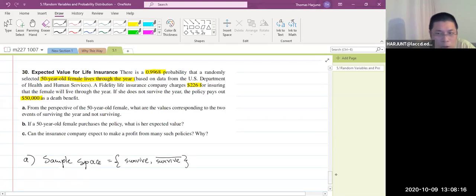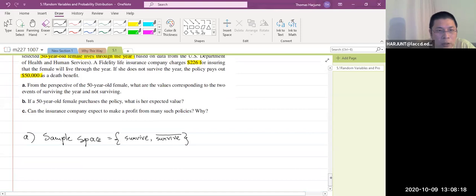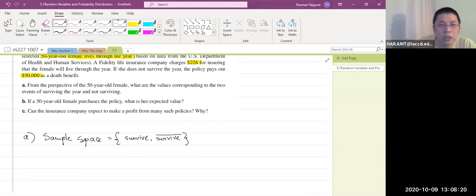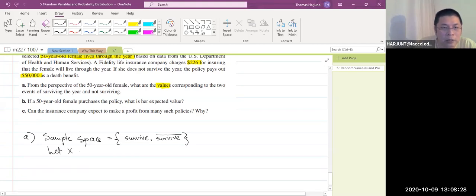But that's not the random variable though. Okay, they were talking about the random variable, the values corresponding to that. Then the random variable x, let x be the payout. Okay, then that will be, if she survived, how much money she lost.